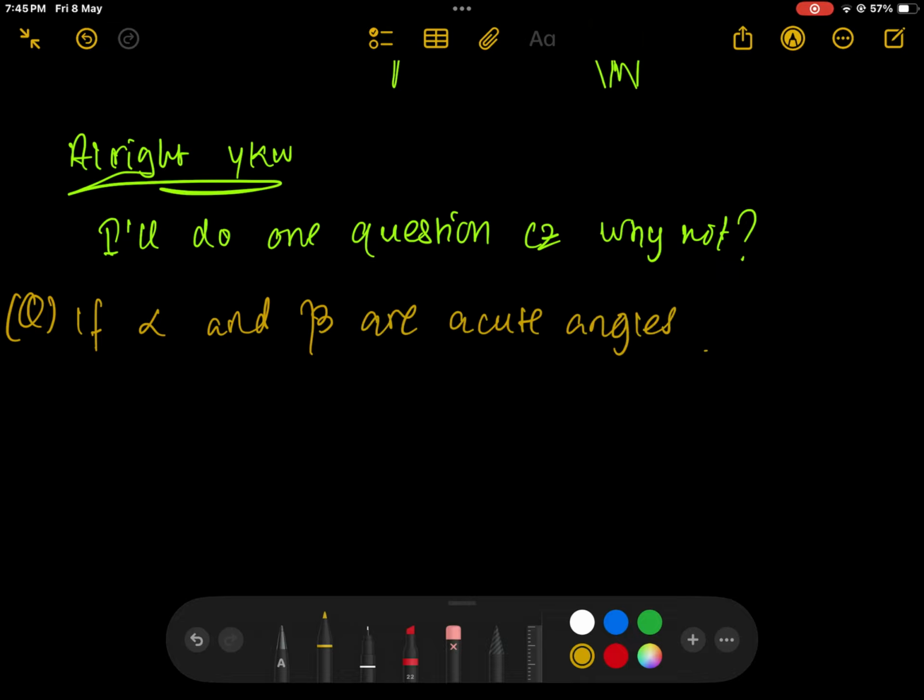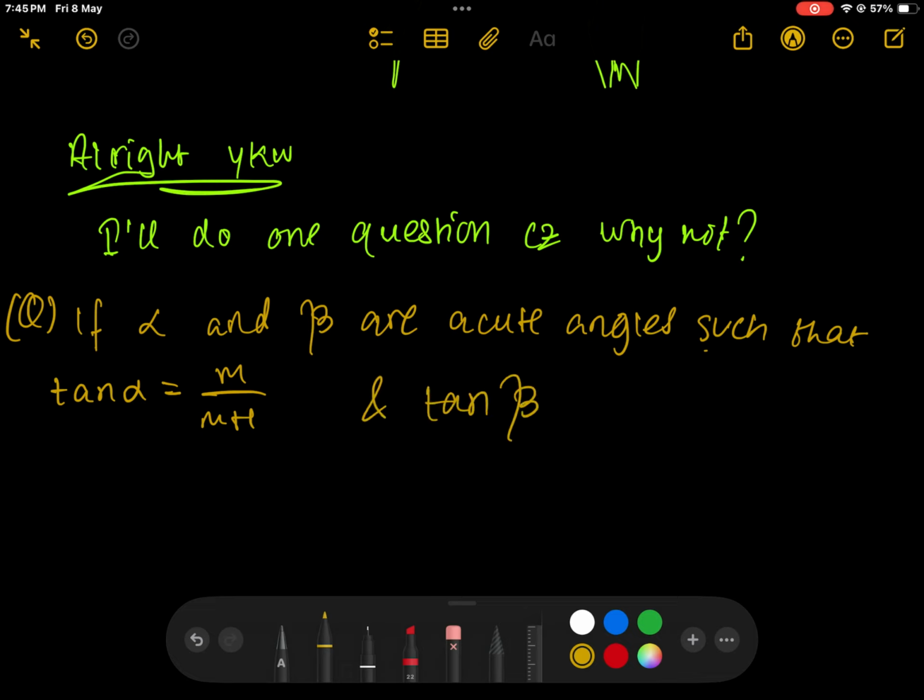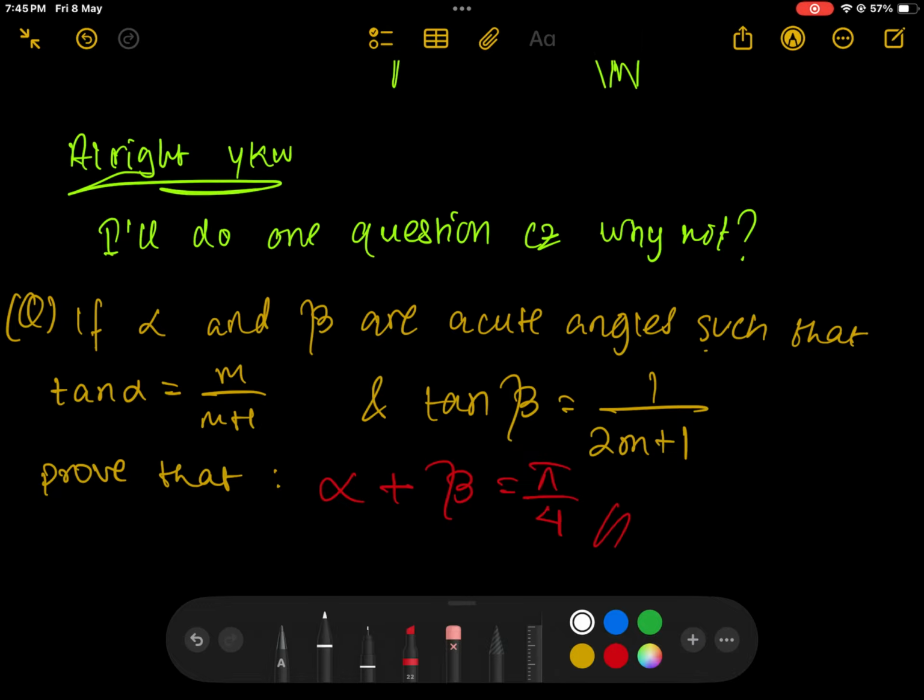If alpha and beta are acute angles such that tan alpha equals m by m plus 1 and tan beta equals 1 by 2m plus 1, prove that alpha plus beta equals pi by 4.